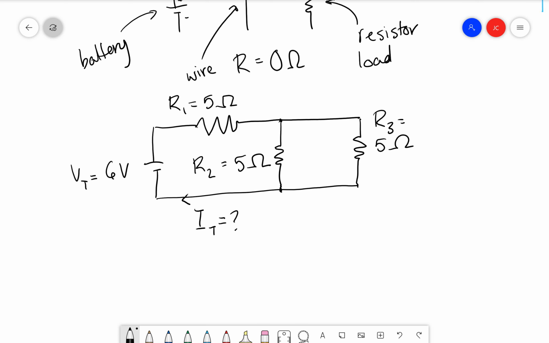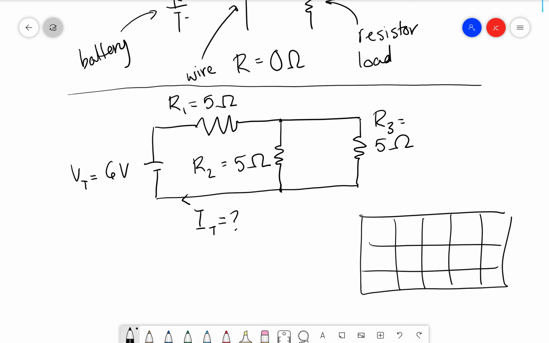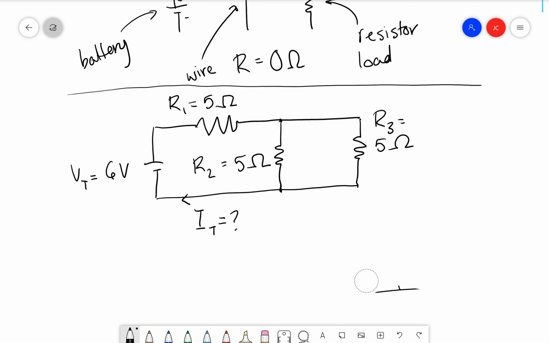And we're going to look at these things, and we are going to figure out the total current. The thing with the question mark is what we're looking for in all cases. Sometimes you'll have things which ask for a chart with all the values. Those are annoying, but they do happen. But most often, you're probably going to be dealing with question marks that it wants you to fill.